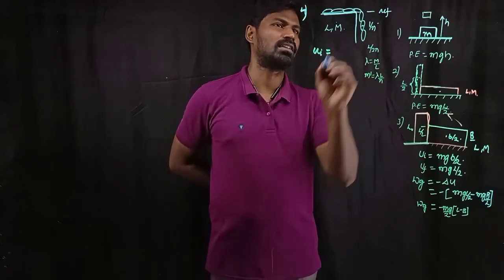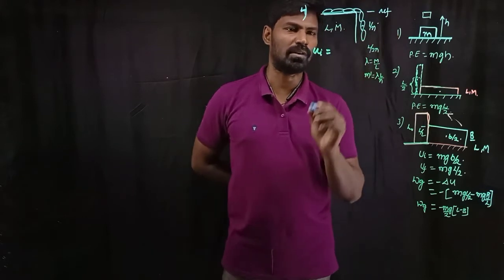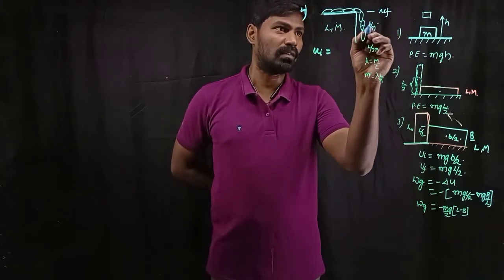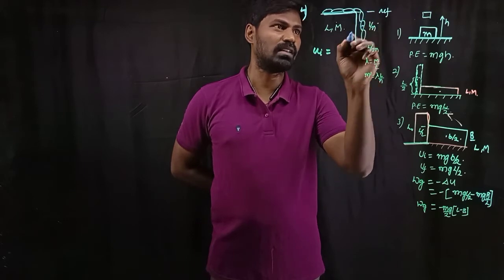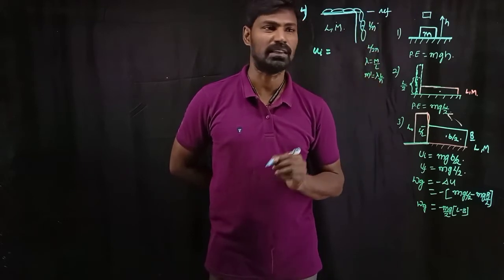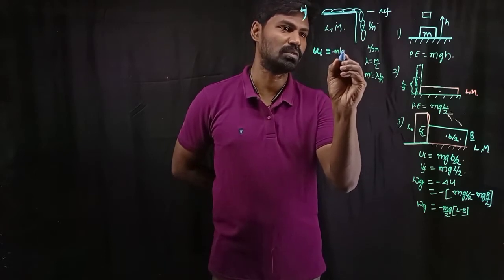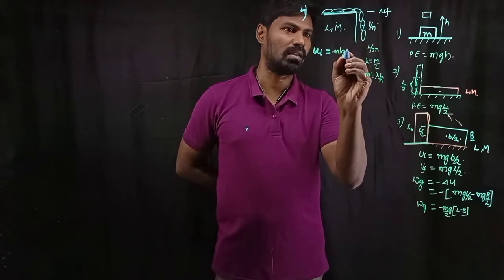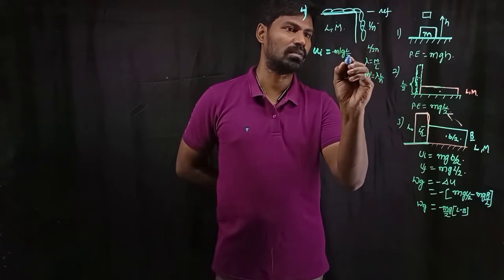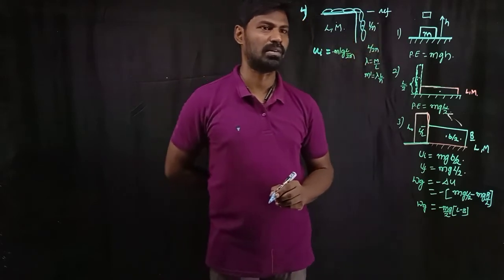Therefore the initial potential energy of the configuration with respect to this level as the reference is given by U_I is equal to, as the center of mass is below the reference level, here the potential energy is negative, so minus m dash into g into L by 2n, because the distance of center of mass from this reference level is L by 2n.